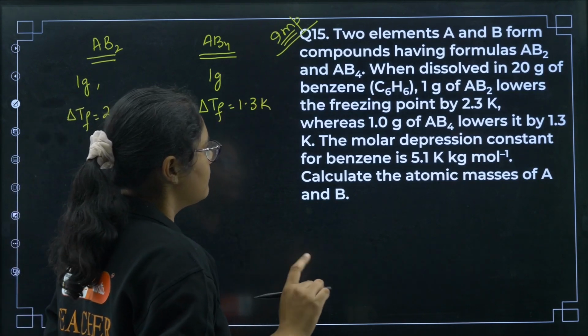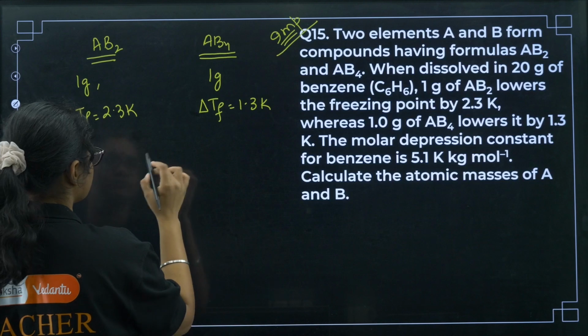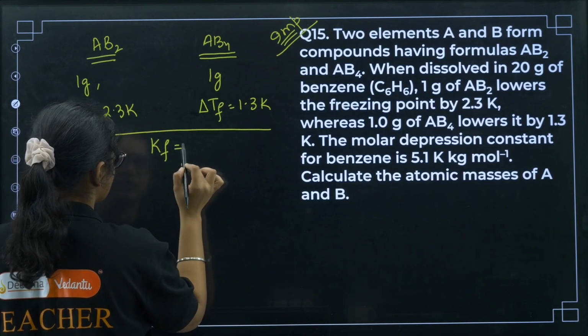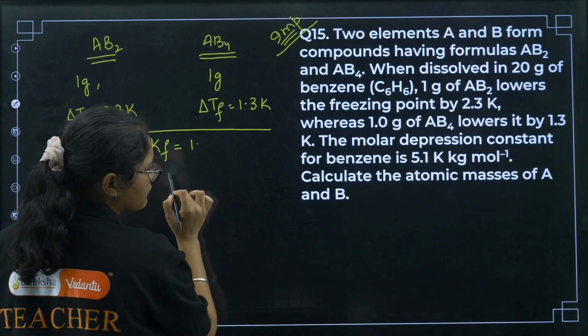Molal depression constant of benzene, so we have Kf value, which is 5.1.